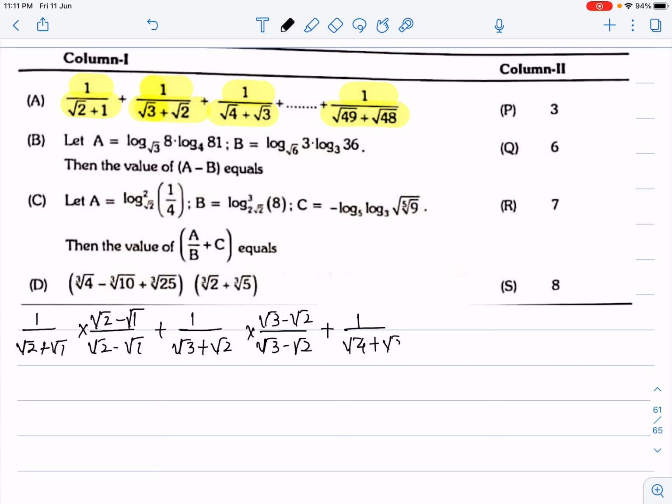We'll be multiplying it with root 4 minus root 3 and dividing it with root 4 minus root 3. Goes on up to the last term, we have 1 upon root 49 plus root 48 over here. So I'll be multiplying it with root 49 minus root 48 and dividing it with root 49 minus root 48.